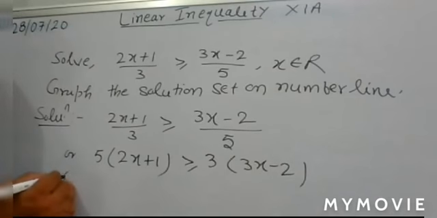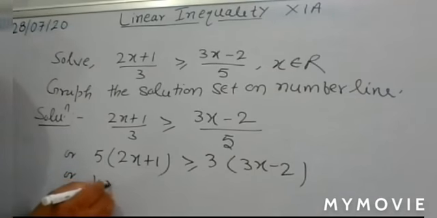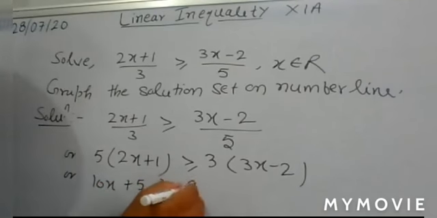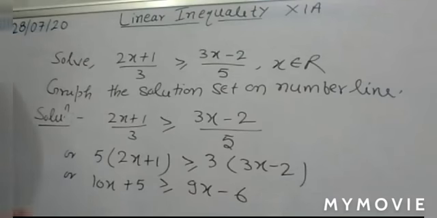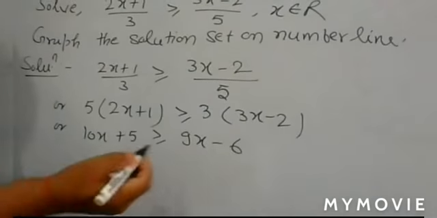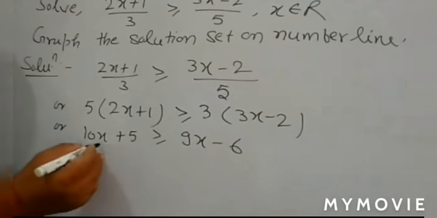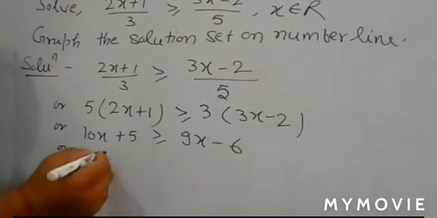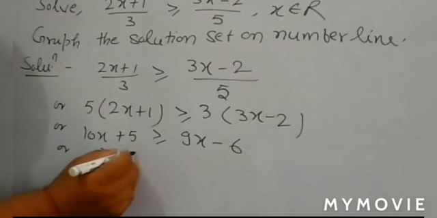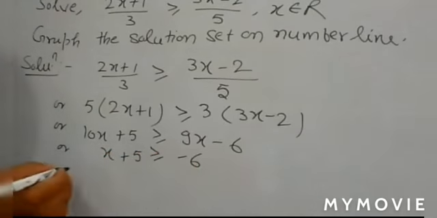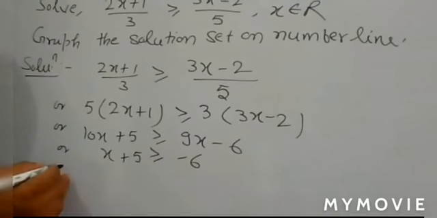Now multiplying, 10x + 5 ≥ 9x - 6. Now what do you do? You have to subtract 9x from both sides. So here you have x + 5 ≥ -6.